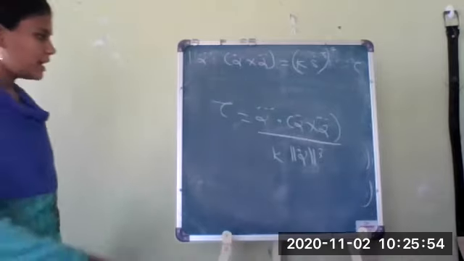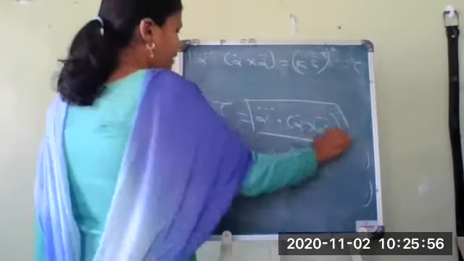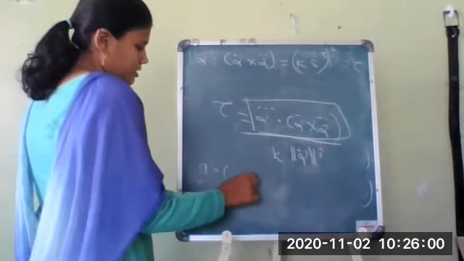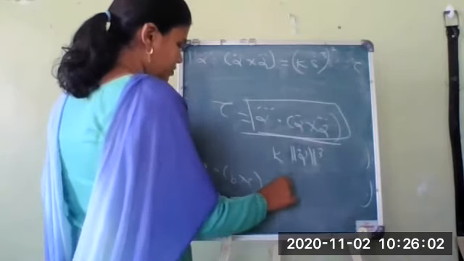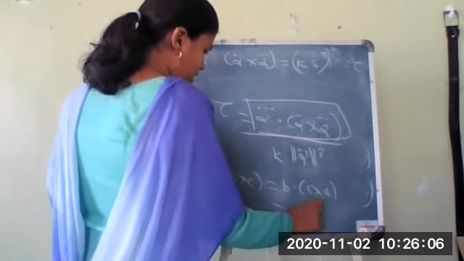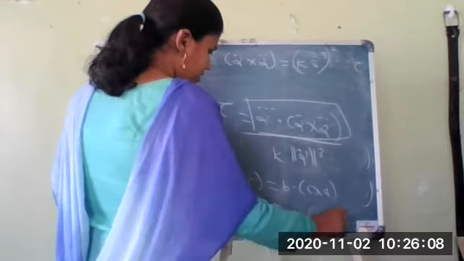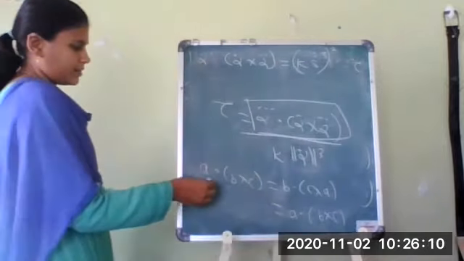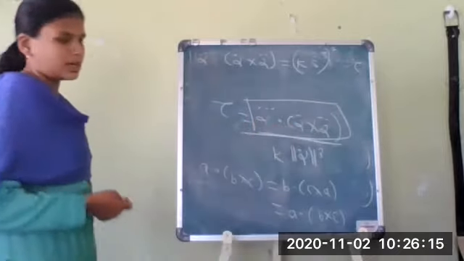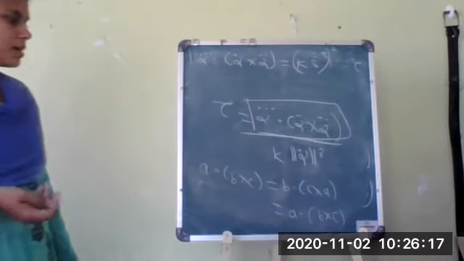Now I will ask you: is a dot b cross c equal to b dot c cross a, equal to a dot b cross c? Whether all these are the same. If they are the same, what should be the expression for this in terms of alpha dot, alpha double dot, alpha triple dot?